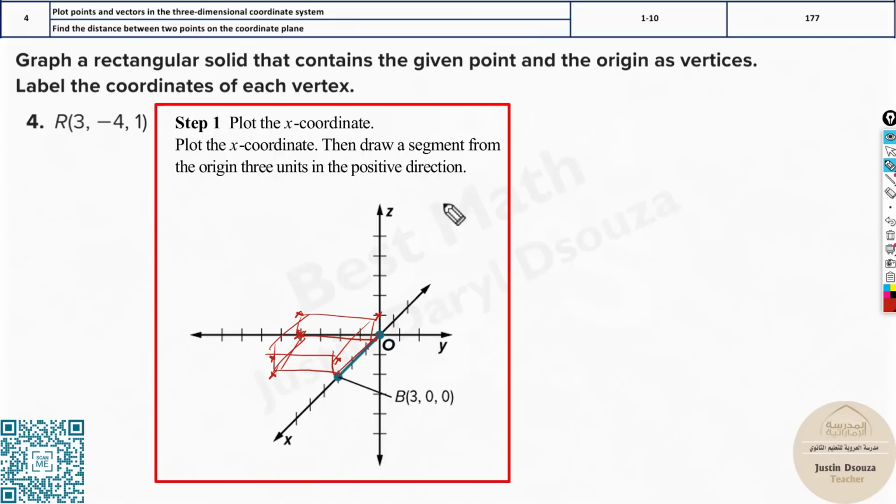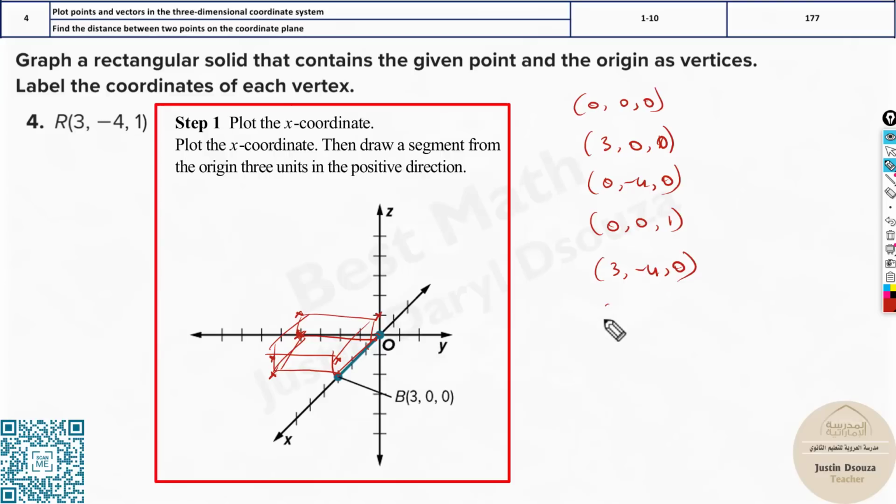So that's the cube, and the points over here would be 0, 0, 0, 3, 0 and 1 and 0, sorry, 0, -4 and 0, 0, 0 and 1. Now we'll start with 2 points, 3, -4 and 0, 0, -4 and 1, and then lastly we have 3, 0 and 1.